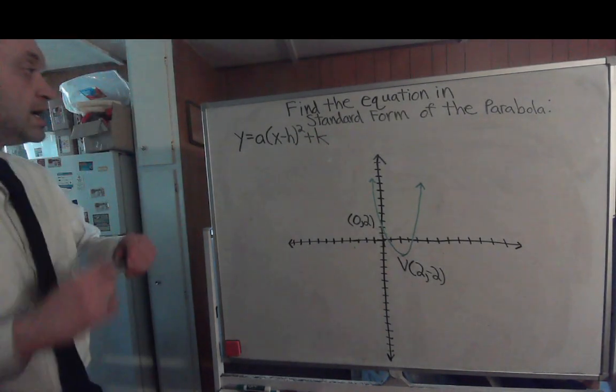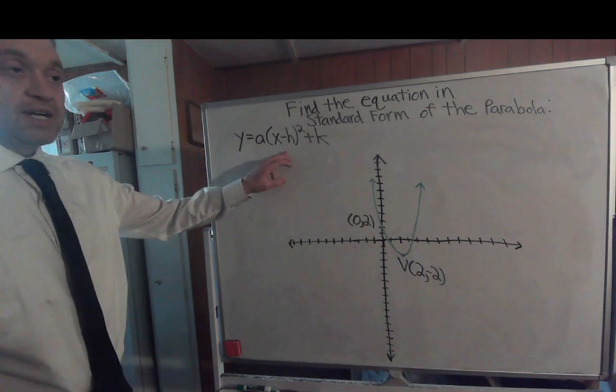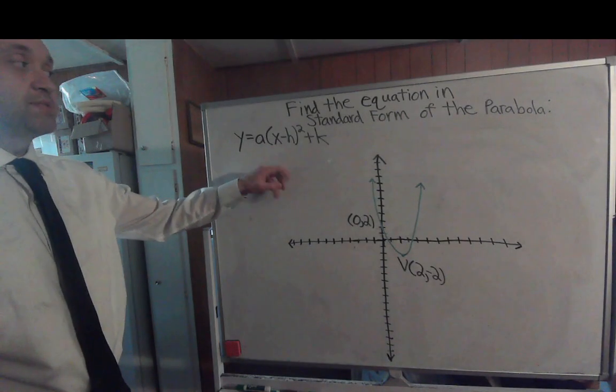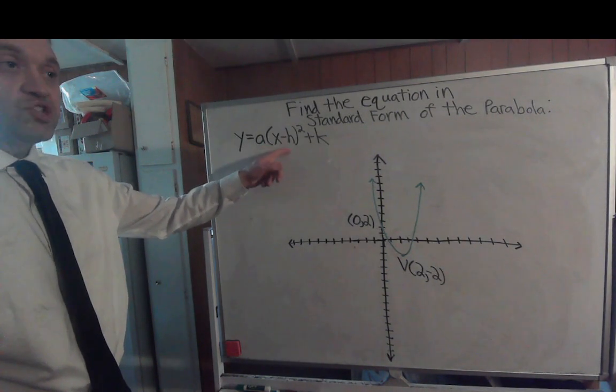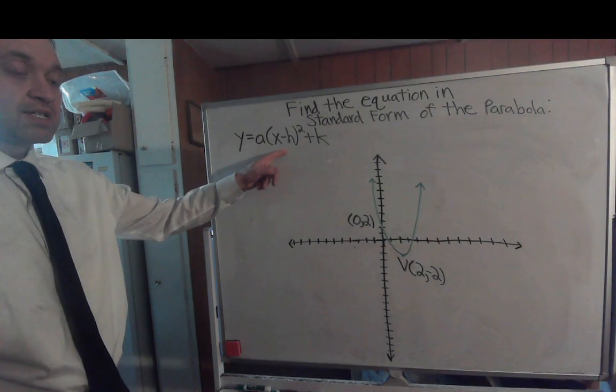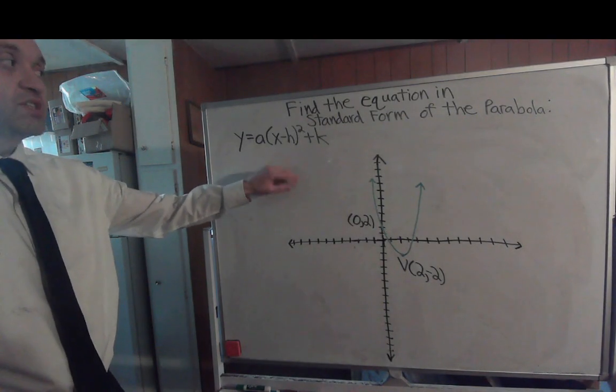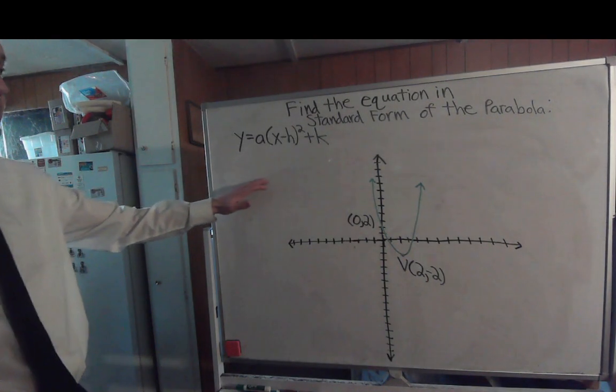That x minus h is the factor for the x coordinate of the vertex, because if you set x equal to h, you'll get the x coordinate of the vertex. And then the k is the y coordinate of the vertex. So (h, k) is your vertex.